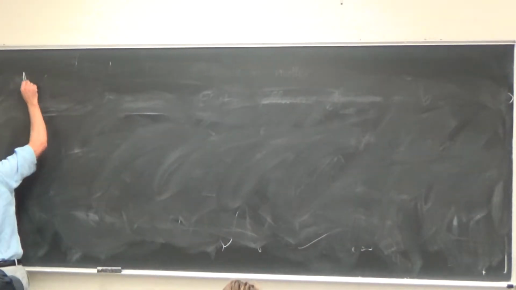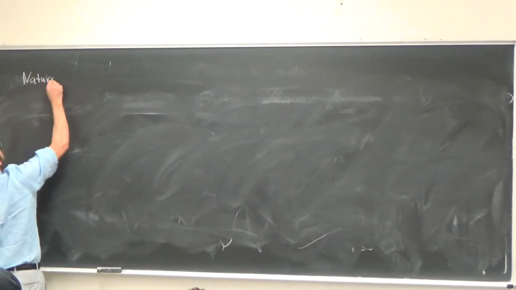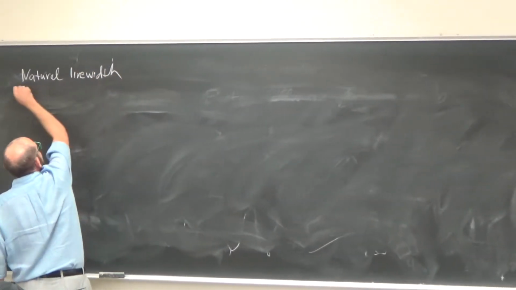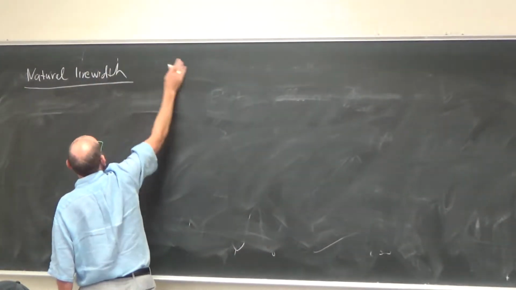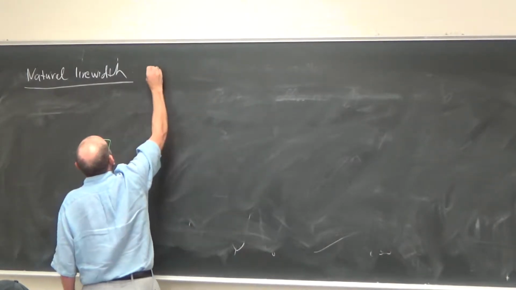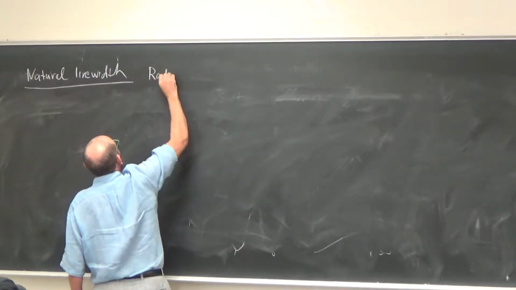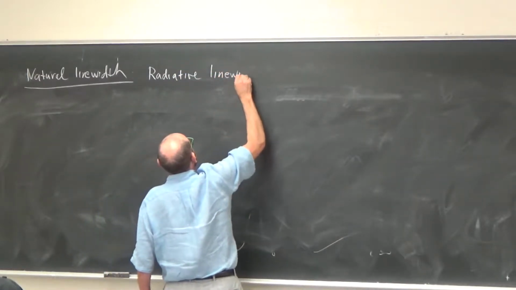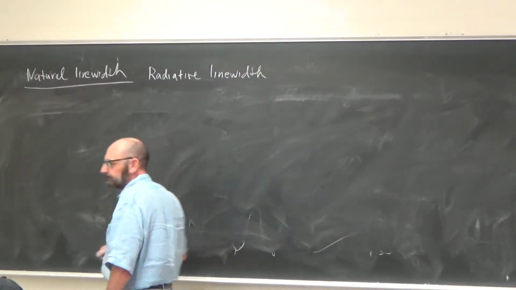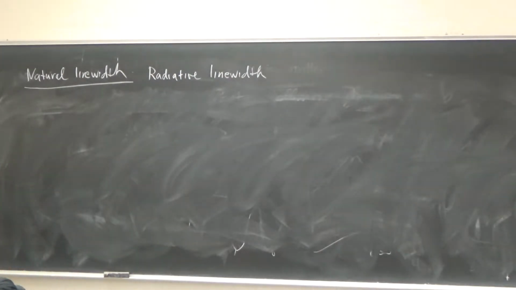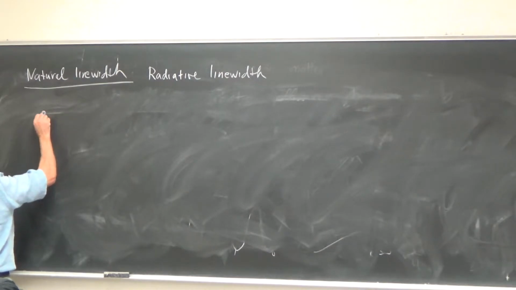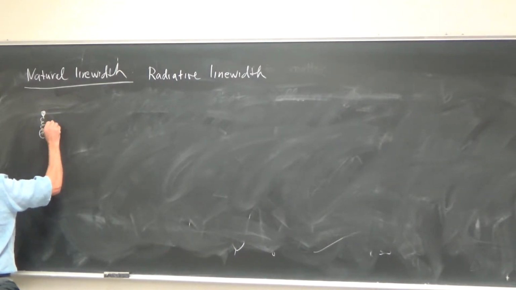So the natural line width is what we call also the radiated line width. So the radiated line width of this system, well, let's think about this again from the point of view of the Lorentz oscillator.